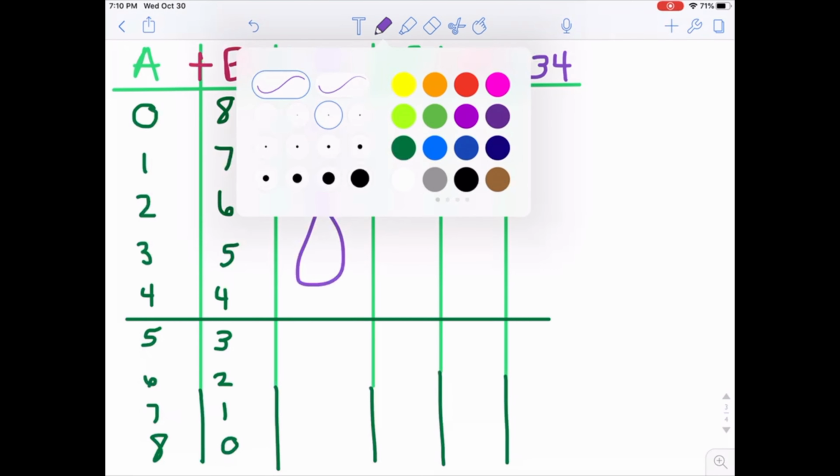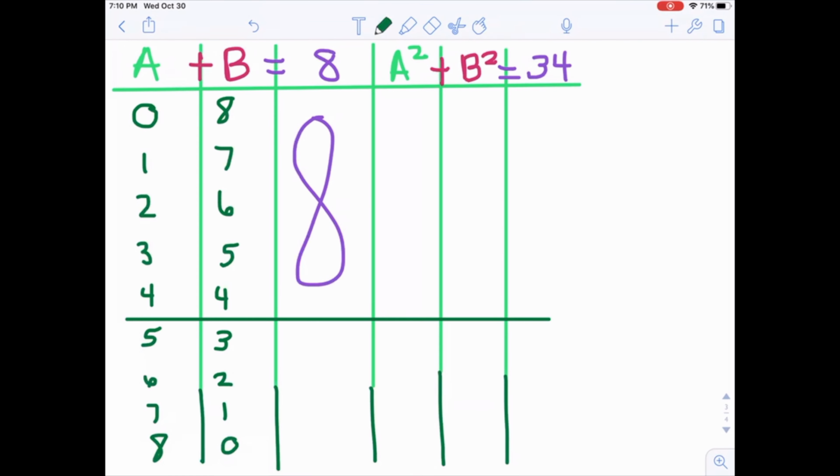So now we're going to take these numbers and square them. So 0 squared, 0. 1 squared, 1. 2 squared, remember that's 2 times 2, which is 4. 3 squared, 3 times 3, 9. 4 squared, 4 times 4, which is 16.